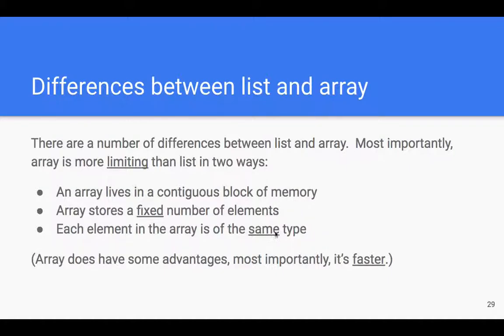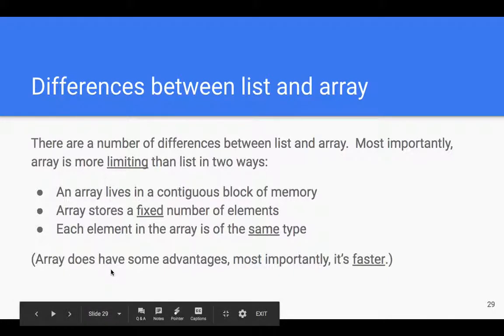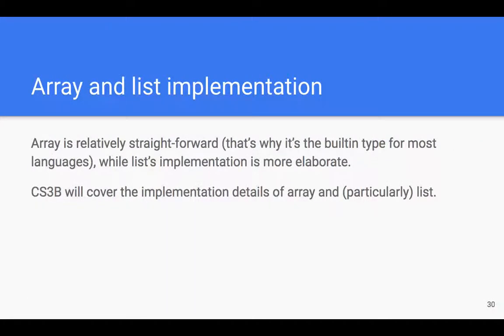Well, then you kind of ask, why don't we always use list? Well, array is good for certain things, and the biggest advantage array has is that it's actually fast, just because it's simple. It's a lot simpler than list. So anyway, this is just a short introduction to array.